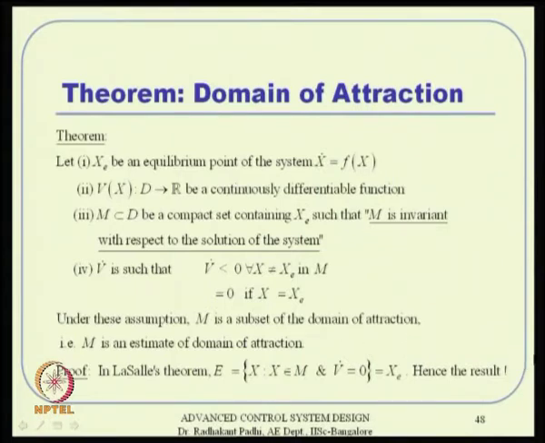That means our estimate can be very conservative. What you will be able to estimate is some M which is a subset of the domain of attraction. In other words, the domain of attraction can be larger, but you will be able to conclude only a subset of that. The proof is rather easy: in LaSalle's theorem you can simply take E equal to that and then the result will follow.